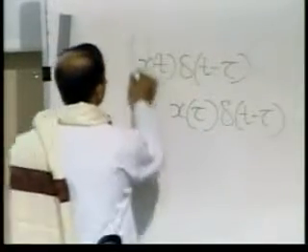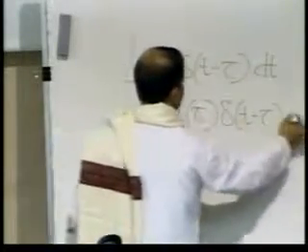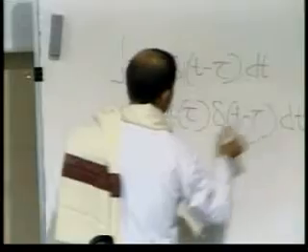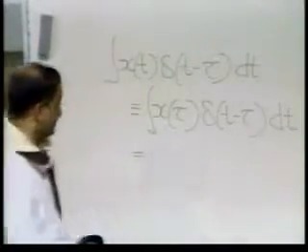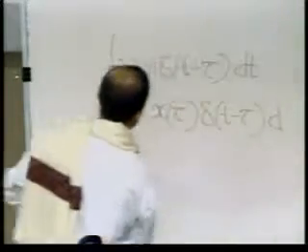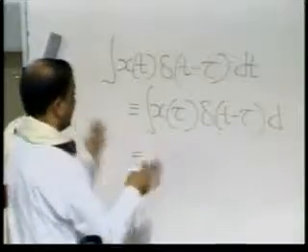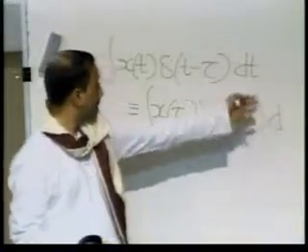And if we integrate both sides, we've seen this earlier, with respect to t or with respect to tau. Well, now here we have a choice whether we wish to integrate with respect to t or with respect to tau.